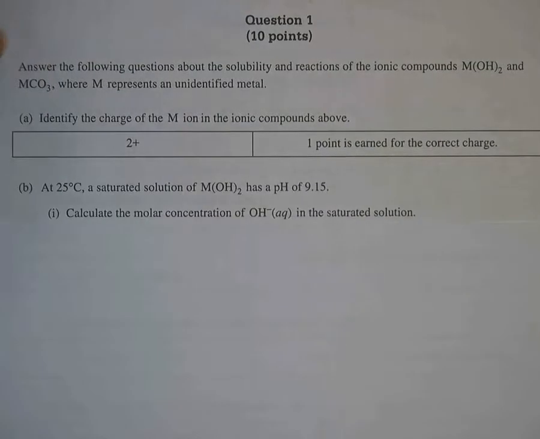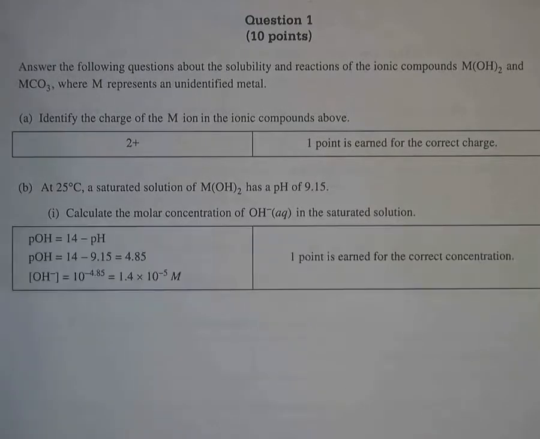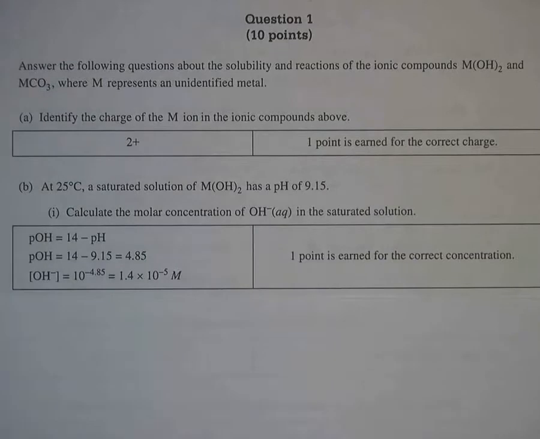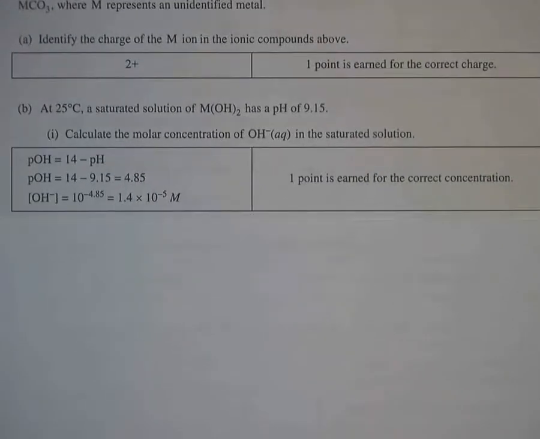At 25 degrees Celsius, a saturated solution has a pH of 9.15. Calculate the molar concentration of OH minus in the saturated solution. So it's a Ksp question, but they're asking you to do some stuff with pH. So you can find the pOH by subtracting from 14 and undo the log, and you end up with 1.4 times 10 to the negative 5th for the OH minus ion concentration.